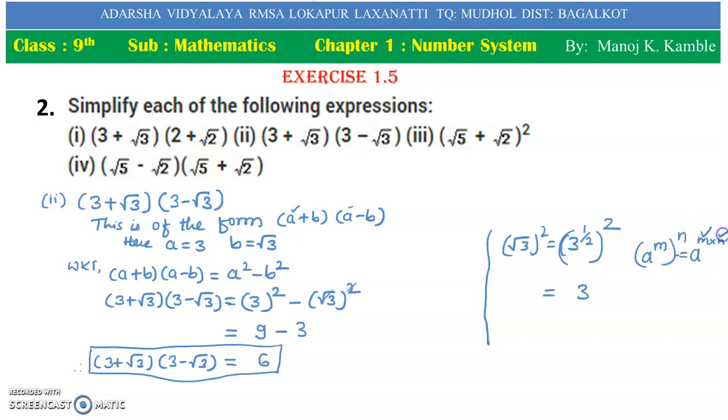So m into n, here 1 by 2 into 2, so the 2s get cancelled, 3 raised to 1, so we simply write 3. Root 3 whole square becomes 3, that's why we write 3 here.